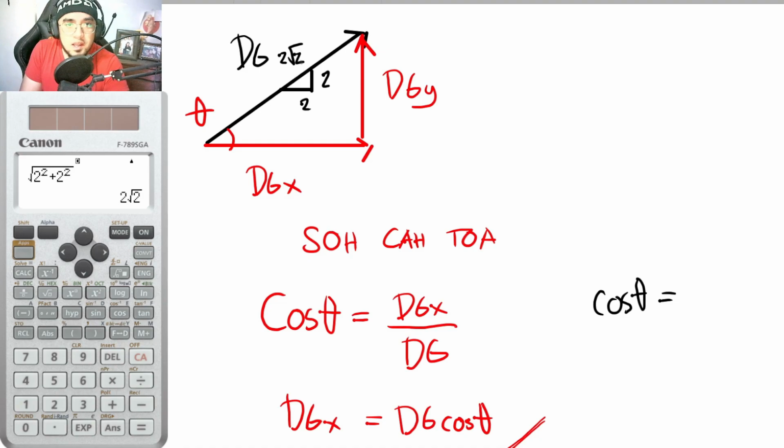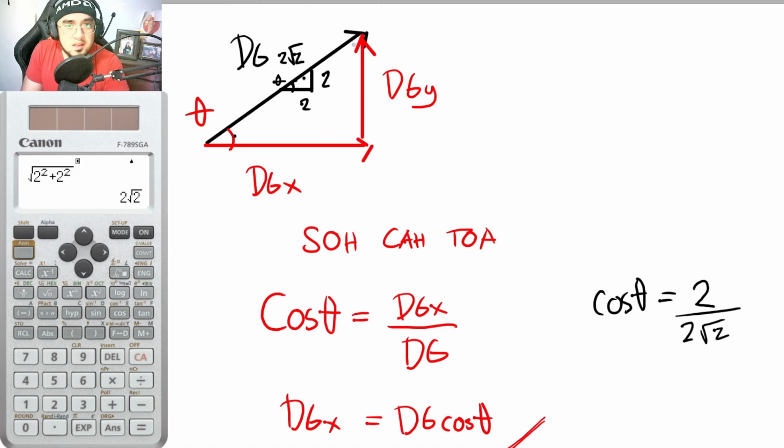If this is our slope, the adjacent side of this particular angle here is 2, and its hypotenuse is 2 square root of 2.